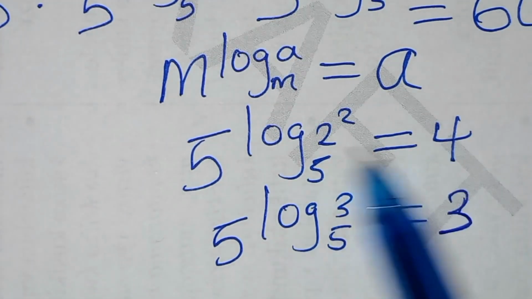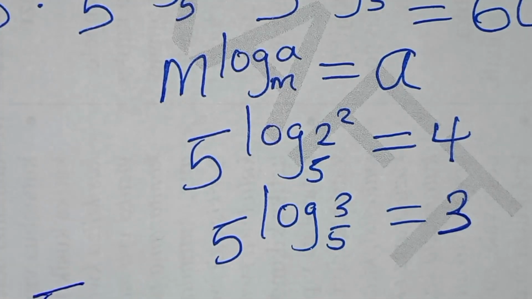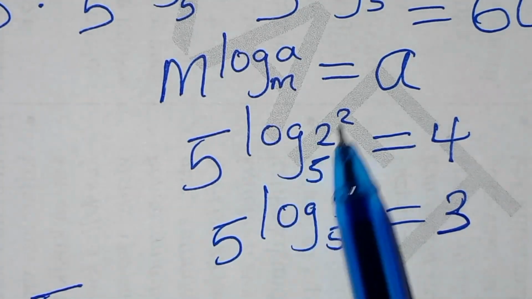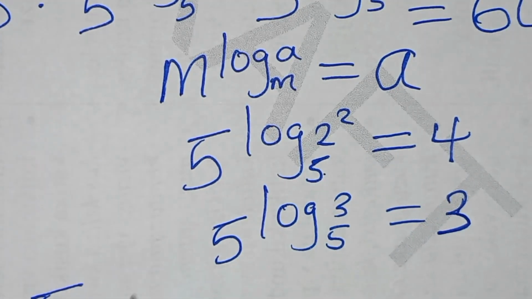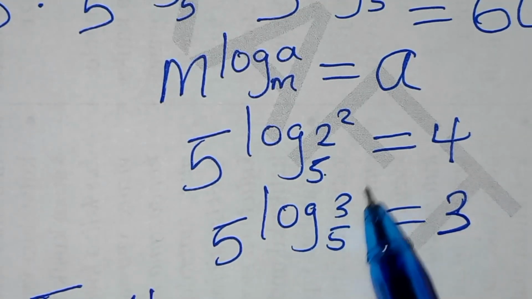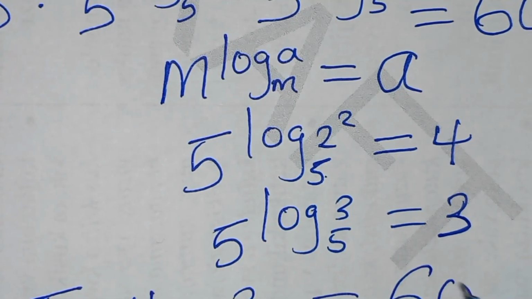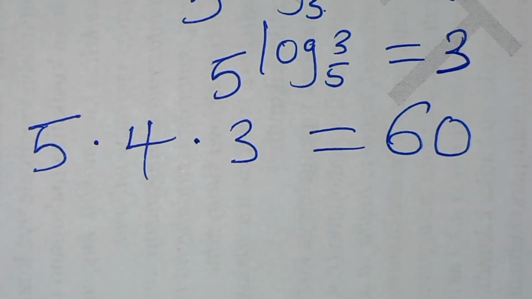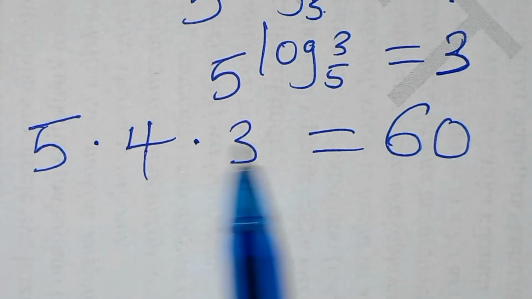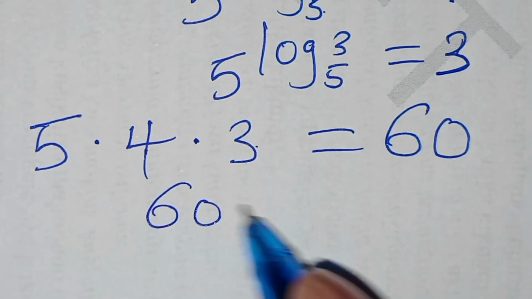So let's substitute these values here. So we have 5 times 4 times 3. They should give us a value of 60. So 5 times 4 is 20, times 3 is 60.